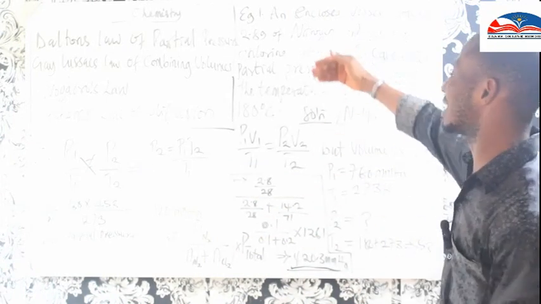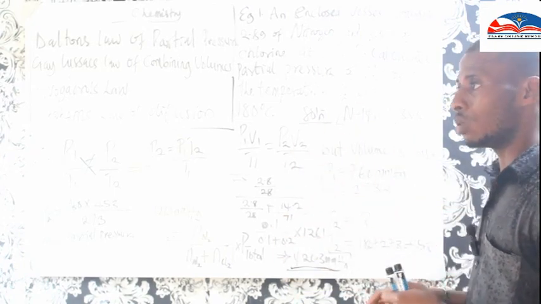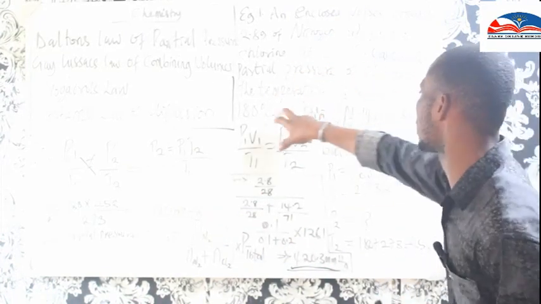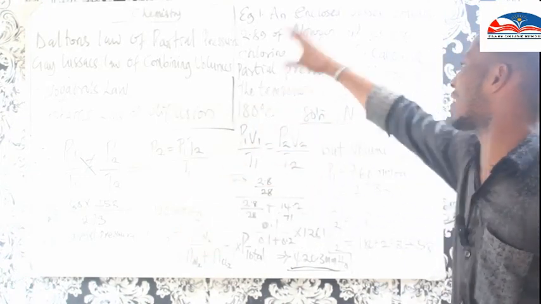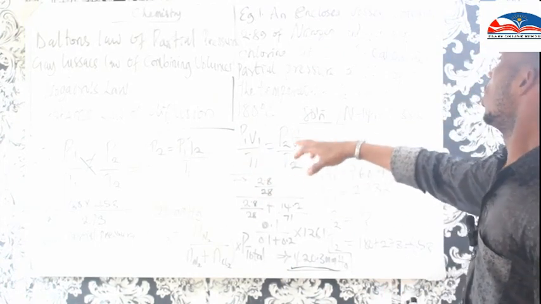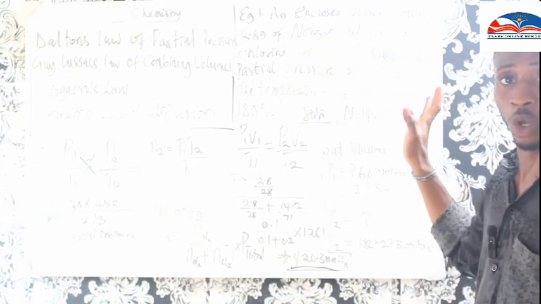But at first, we will get the pressure of the gas as a whole, before we talk about the partial pressure. So the temperature is raised to 180, so let's find the total pressure first. We use the general gas equation, but the volume did not change, so the volume is constant.